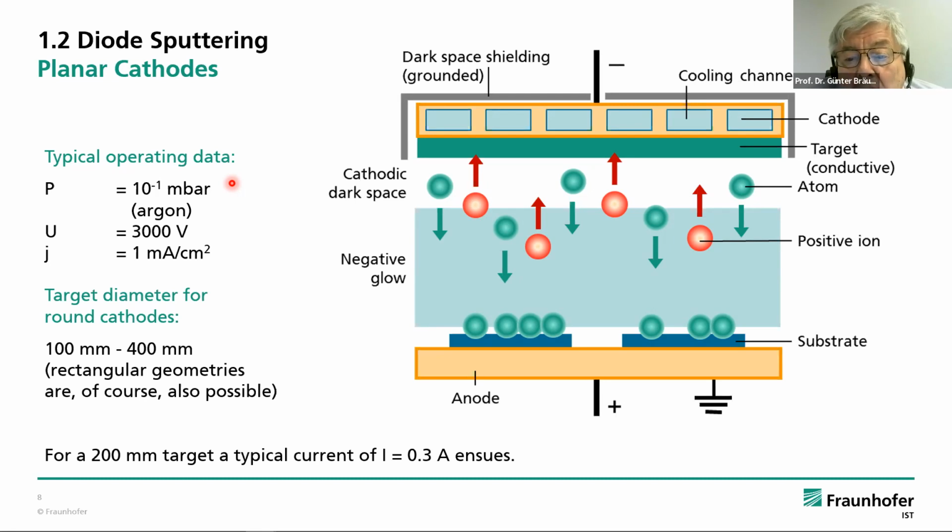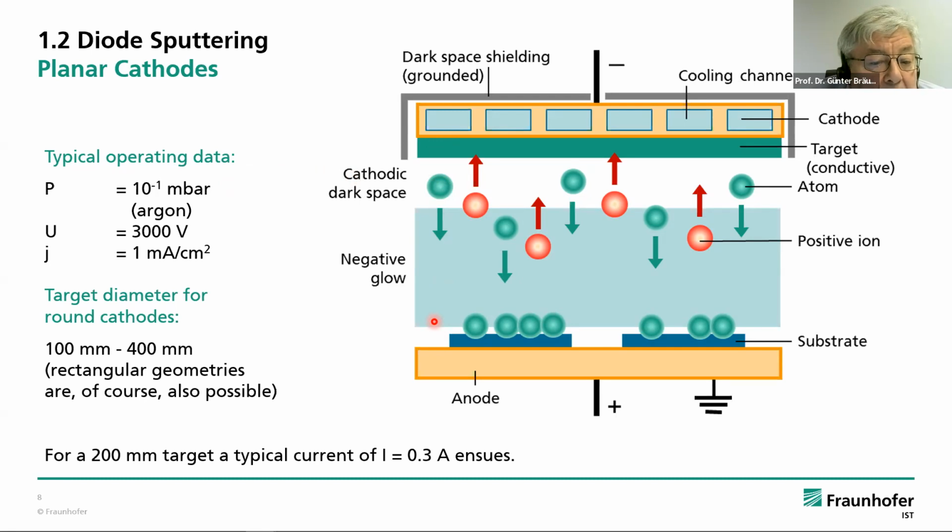On the other hand, you have a large distance in the range of 10 centimeters or so between the target as the source of sputtered particles and the substrate. So you can imagine that the sputtered particles lose a lot of energy during this travel.